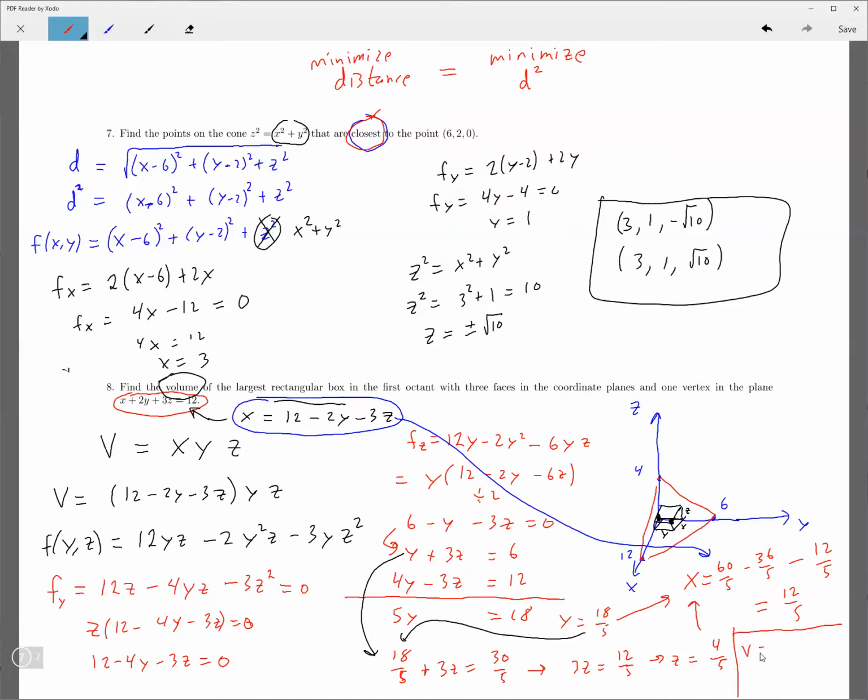So the volume is going to be, again, xyz. So that's 12/5 times 18/5 times 4/5. 864 over 125.